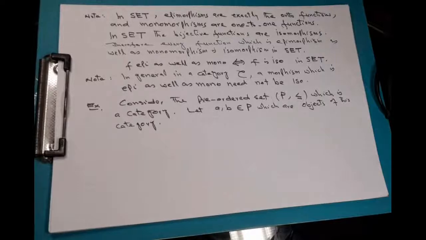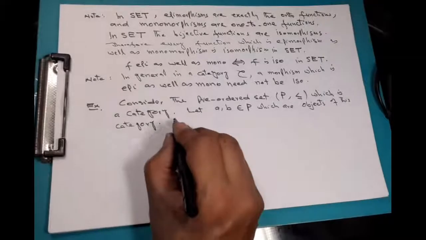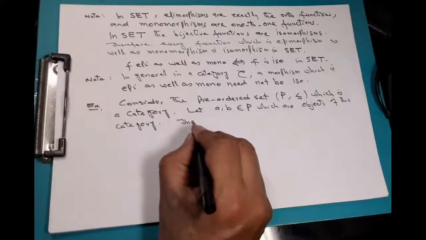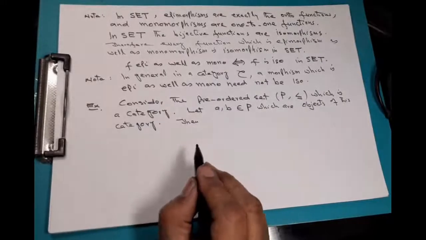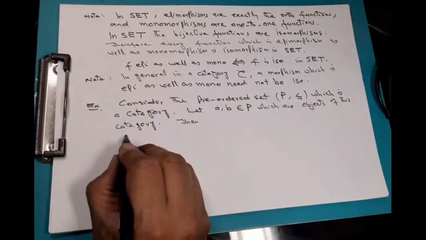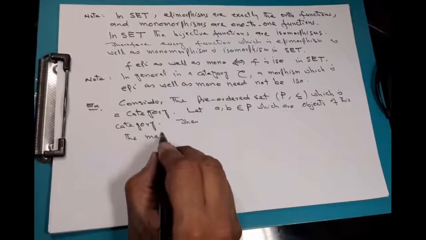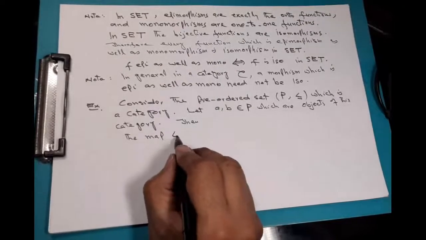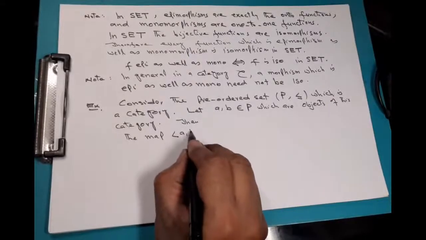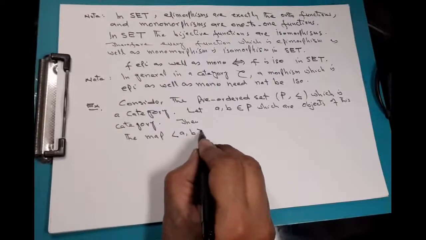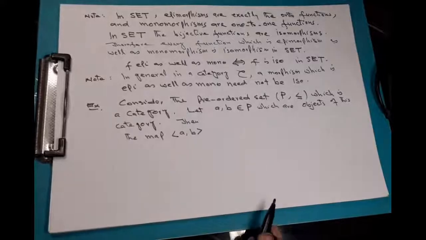So then, now note that the map, we denoted it by this symbol. So a map from A to B exists.